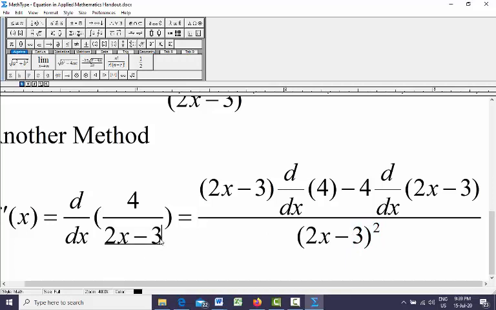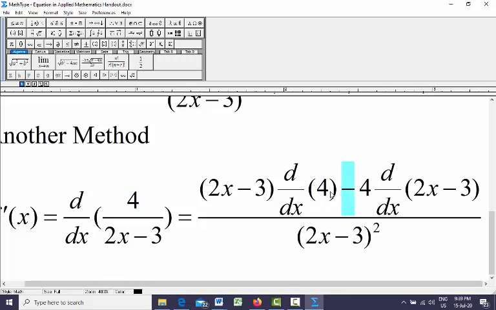So we have twice x minus 3 in the denominator, and we get the square of it, right? And then again, whatever you have in the denominator, you write the same one in the numerator, then you write d by dx, and in front of d by dx you write whatever you have in the numerator. And then you put a minus.